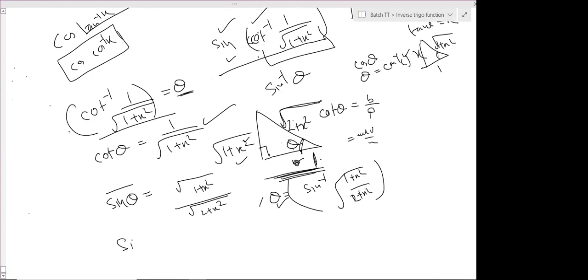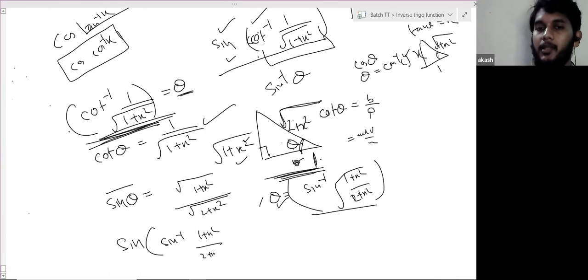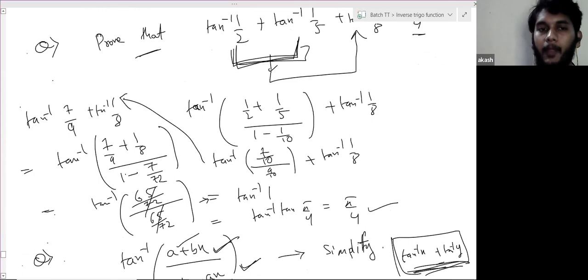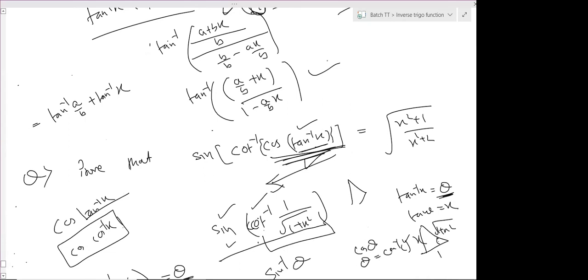So in the question, sine of cot inverse of this value, I just proved that this is equal to 1 plus x square upon 2 plus x square under root, which I think is the RHS. Yes or no, everyone? Yes. This is the RHS.